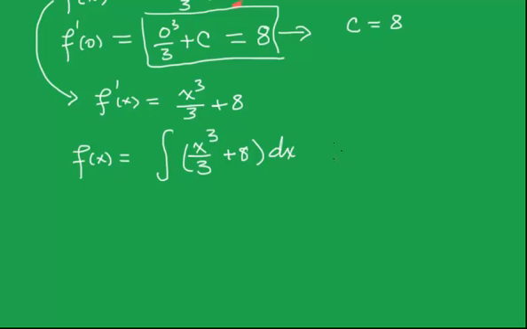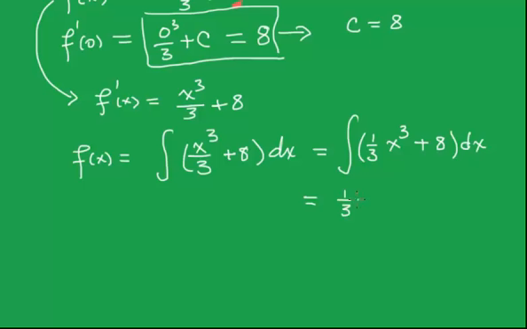dx. And of course, I can rewrite this as x cubed over 3 is 1/3 times x cubed, and then plus 8 dx. And at this point here, I take the antiderivative. 1/3 remains 1/3 because it multiplies x to the power of 3.